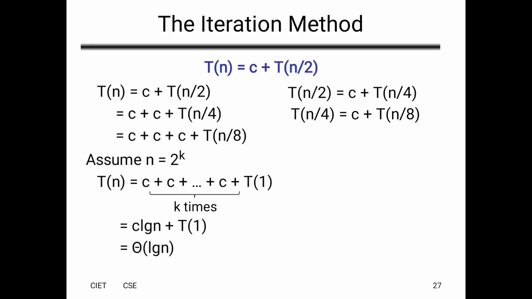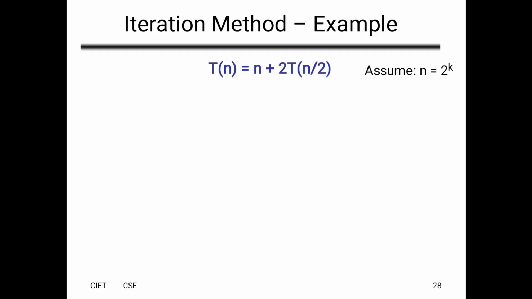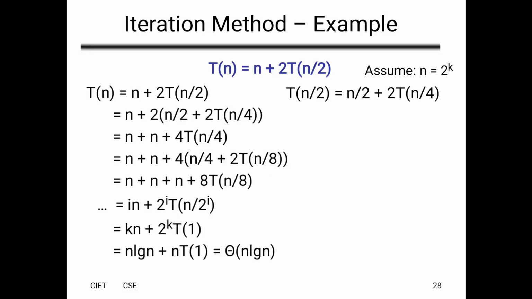Now another example of the iteration method: t of n is equal to n plus 2t of n by 2.